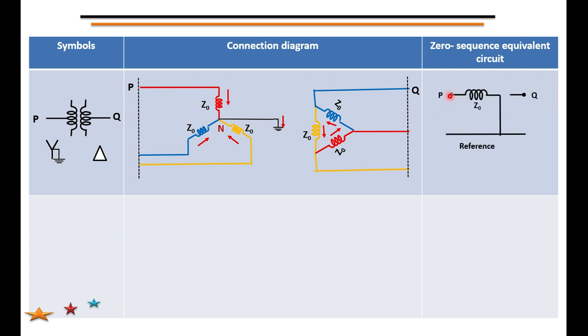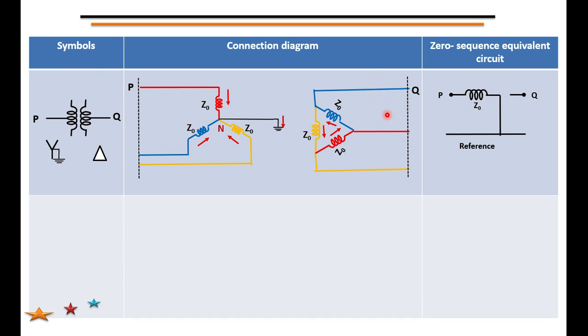See here. From P there is a current flowing here. That is shown, P to Q. Sorry, P to the impedance Z0, and it goes to the ground only. That is, it is circulating inside the delta. Therefore, it is P to Z0 and it is connected to ground. If it is grounded and delta connected, there is no complete path for P to Q, because it is delta connected in the line.